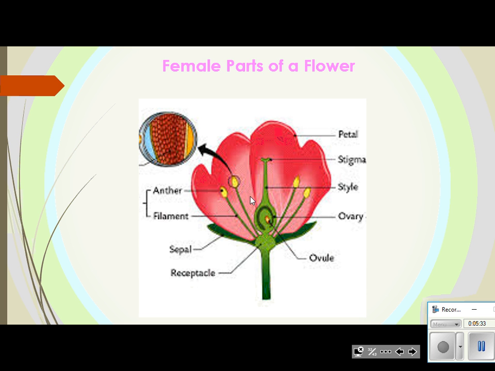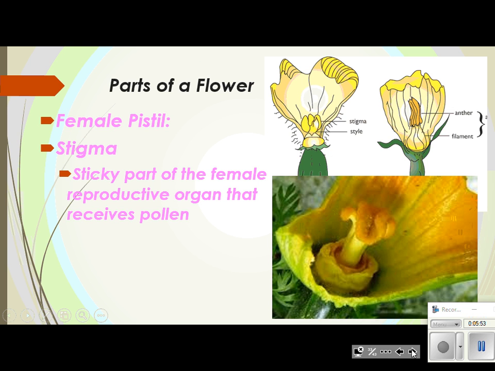See these guys right here? This thing and that right there, those four things, are the male parts of the flower. All right, so we're going to talk about the female and the male parts of the flower. So, as I click it on, here are the female parts of the flower.